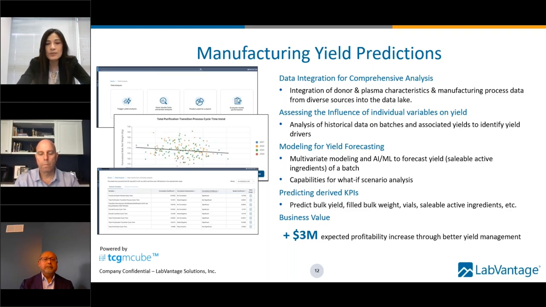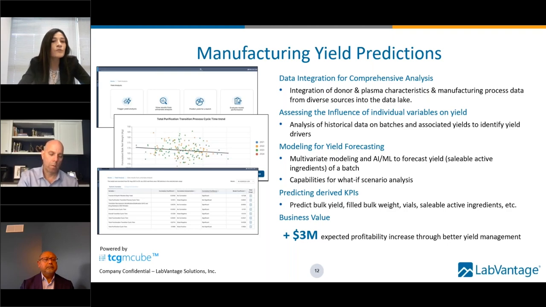For example, we can set it up to forecast bulk yield or fill bulk weight or vials by different locations or saleable active ingredients and so on. The forecast could be derived separately for each of the manufacturing plants that we have.